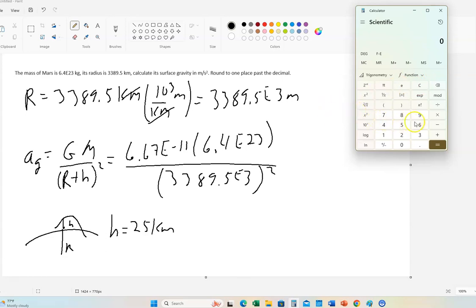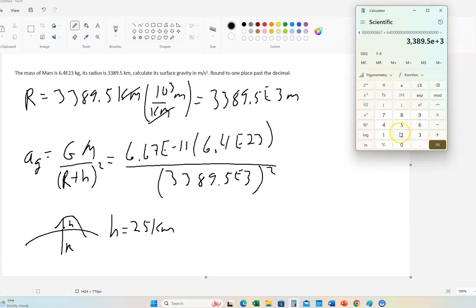It's going to be 6.67 times 10 to the minus 11th, as usual, times the mass of Mars, which is 6.4 times 10 to the 23rd, and then divided by the radius in meters, so it's going to be 3389.5 times 10 to the third.